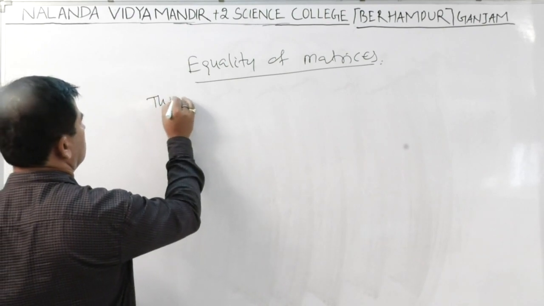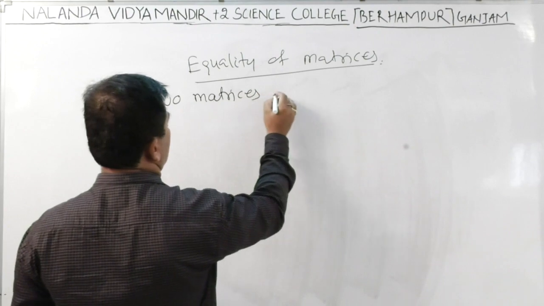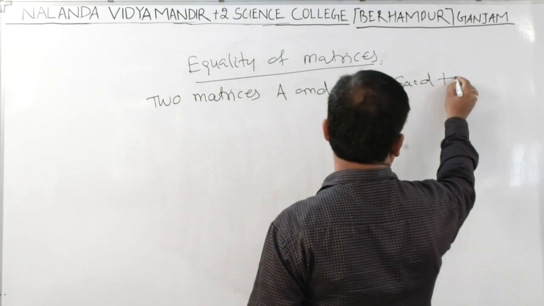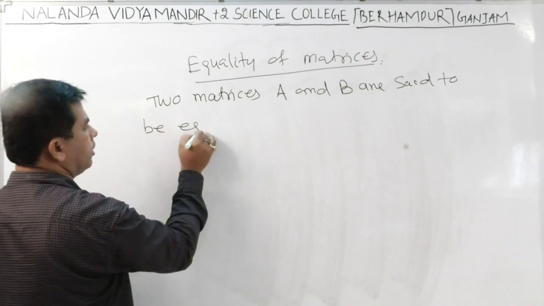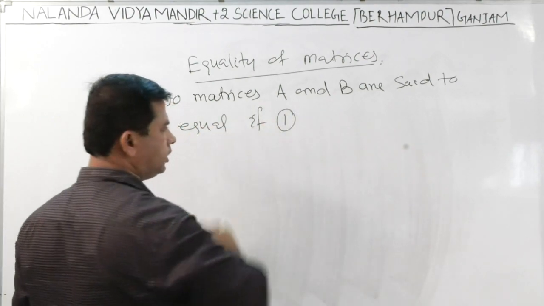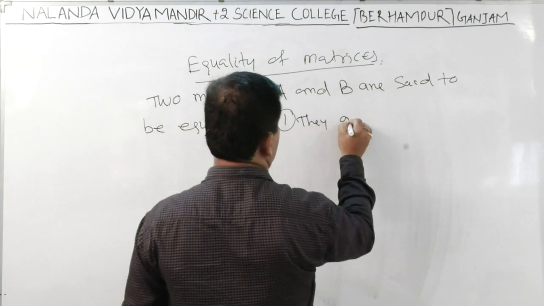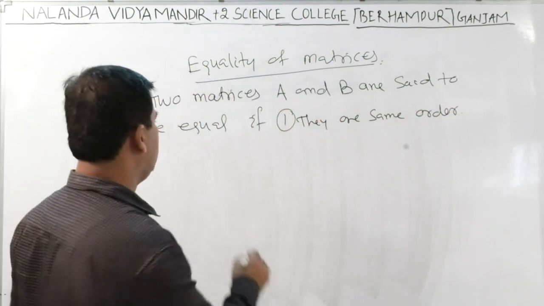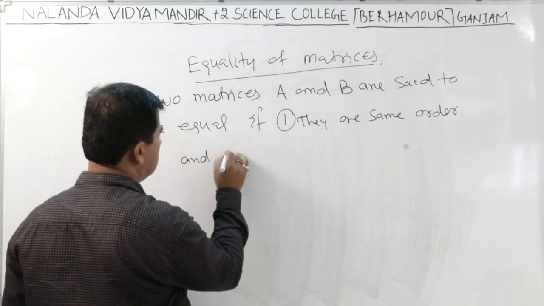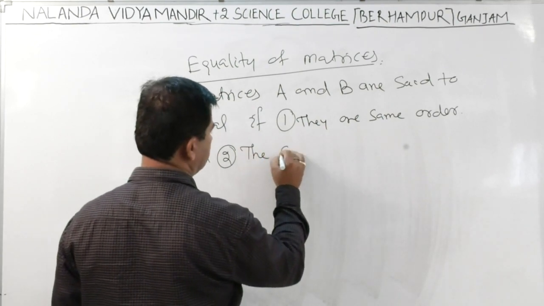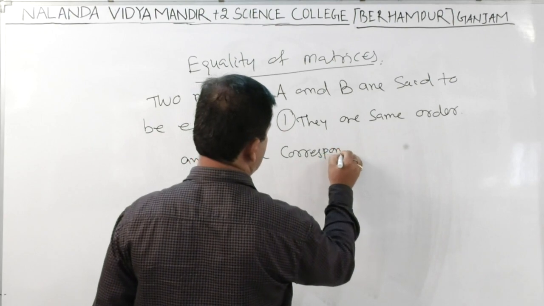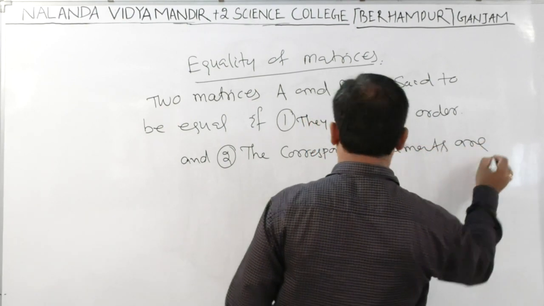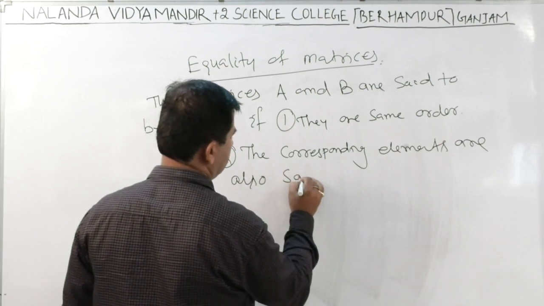The two matrices A and B are said to be equal if the first condition is they are of same order, and the second one is the corresponding elements are also same or equal.